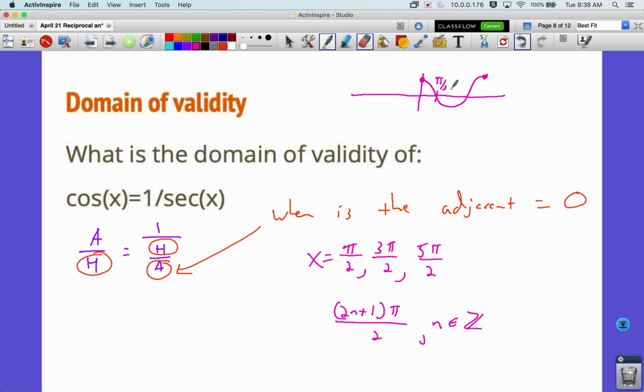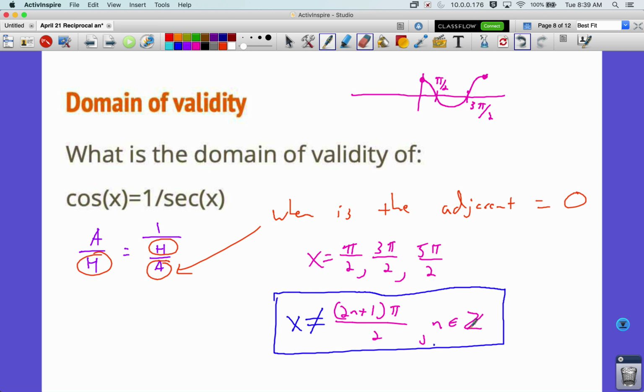But at pi over 2 and 3 pi over 2, it hits 0. And that's because the adjacent becomes equal to 0. So what we need to say is that x cannot equal this list here. And as long as x does not equal any number in this list here, then this identity is true. But when it does, then you've got 0 equals undefined. That's not true. Everywhere else, this relationship holds true.